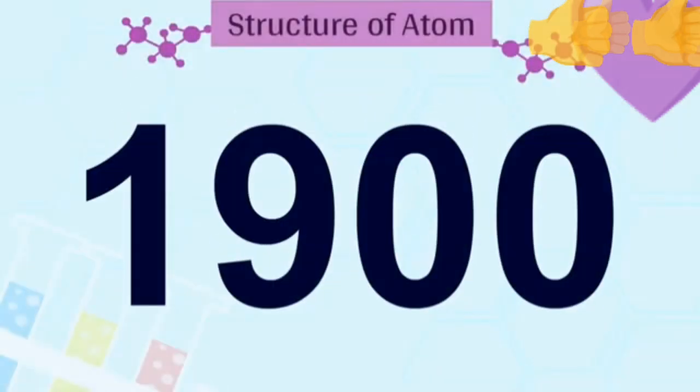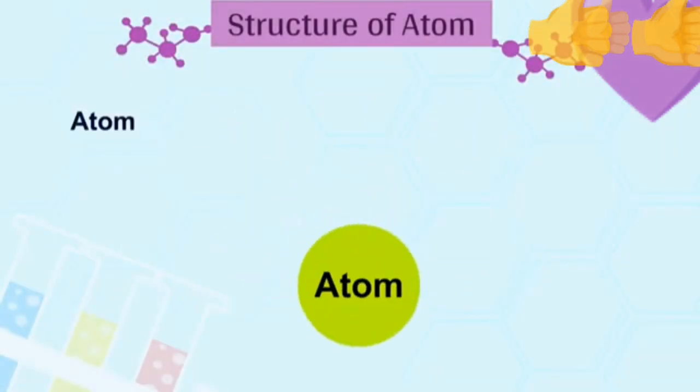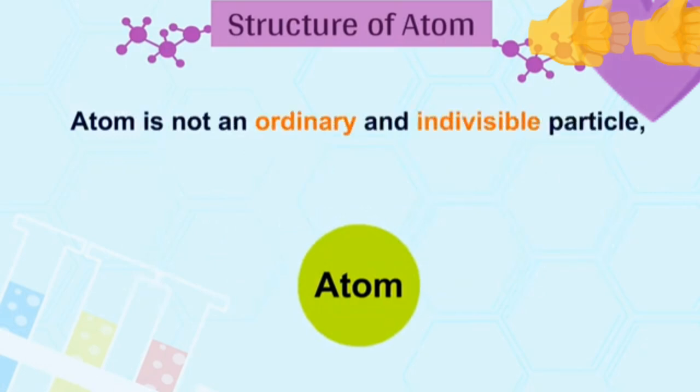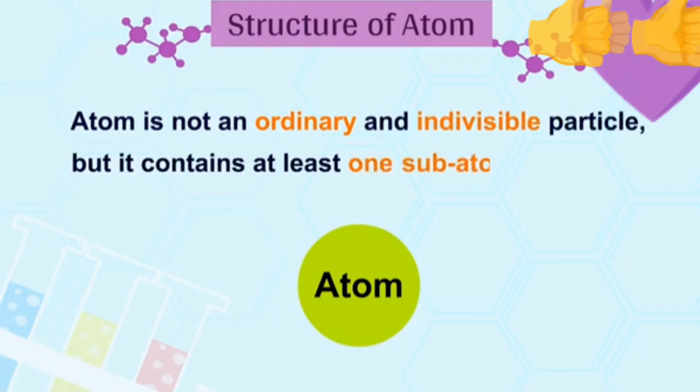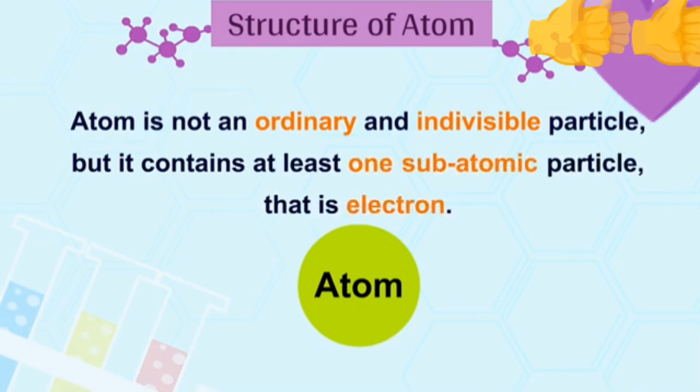By the 19th century, scientists had discovered that an atom is not an ordinary and indivisible particle, but it contains at least one subatomic particle, that is, electron.